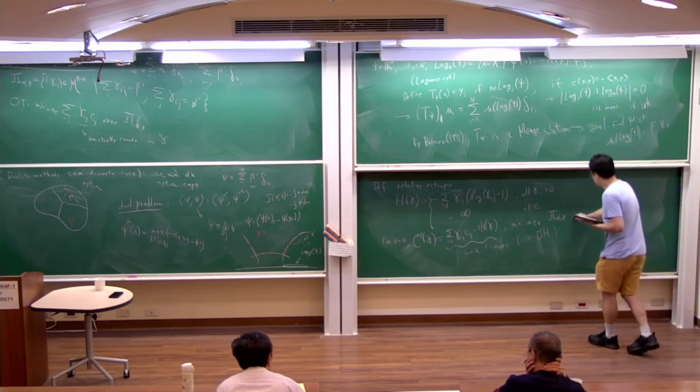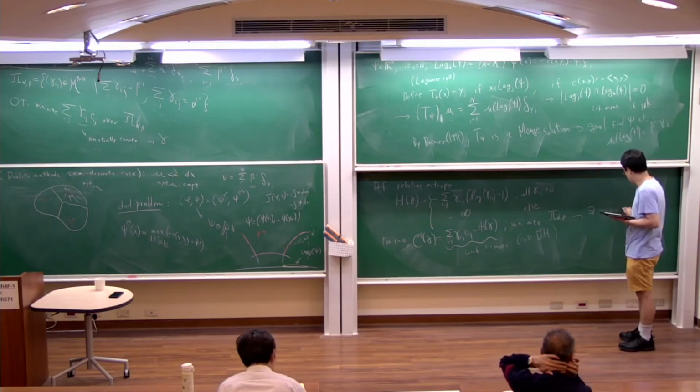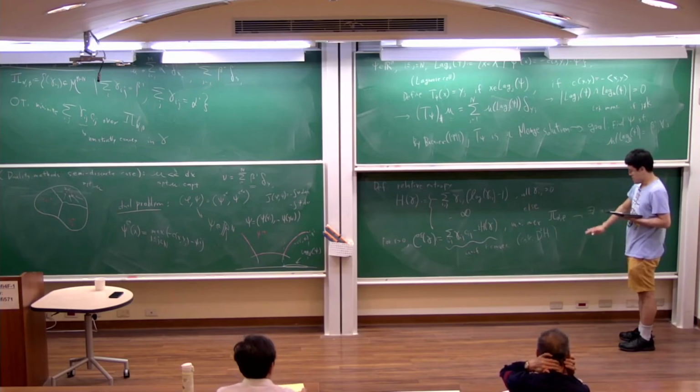So in particular, there exists a unique minimum, because this is a convex set.